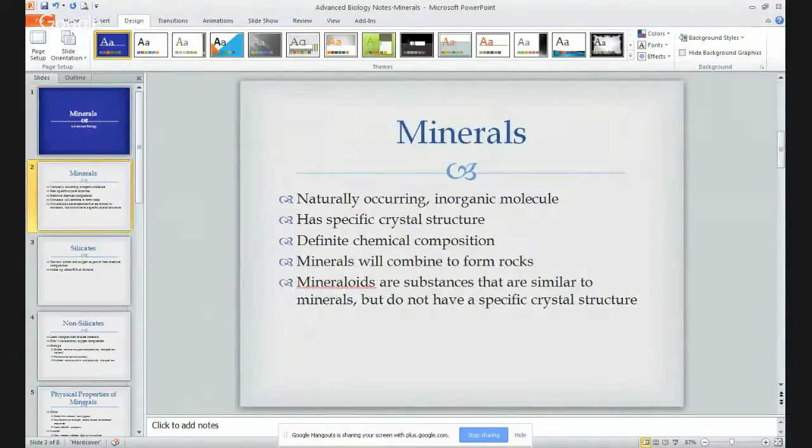What minerals are: they are naturally occurring inorganic molecules. The main thing about minerals is that they have a very set, specific crystal structure internally, which is important to note because there are things called mineraloids that look very much like minerals, or they're inorganic, they're naturally occurring, but they don't have a set crystalline structure, and so that's what makes them mineraloids and not minerals.